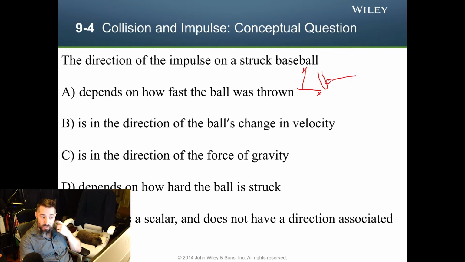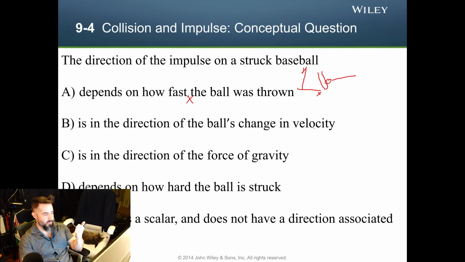So this is going outward in some direction. Depends on how fast the ball was thrown. This is clearly irrelevant. The direction of the impulse of the struck baseball. The baseball is struck even if the ball is on a tee, which means the velocity is 0. You're still going to get some impulse of this. So this one cannot be correct.